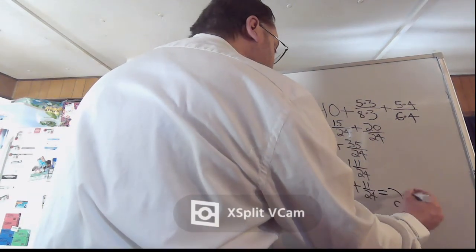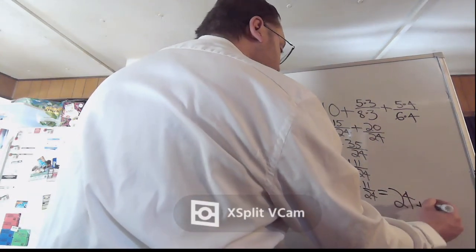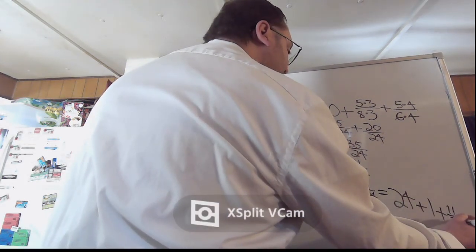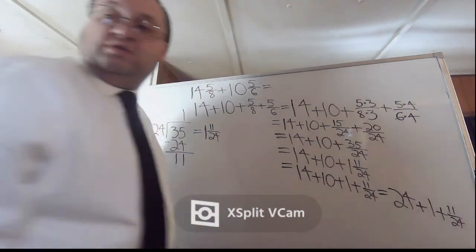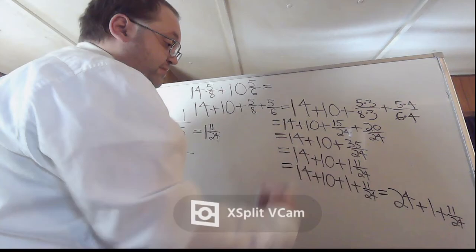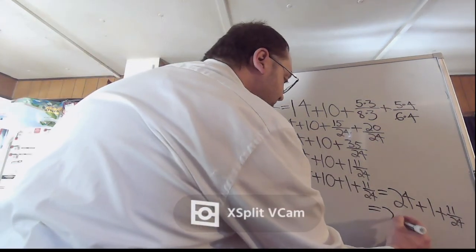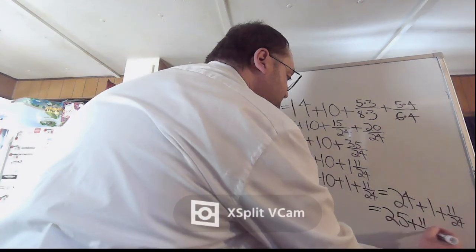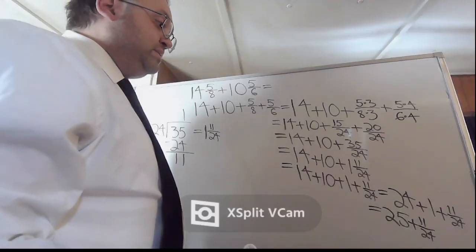You'll have 24 plus 1 plus 11 24ths. Add 24 and 1, you'll get 25 plus the 11/24. So it looks to be that your final answer is going to be 25 and 11/24.